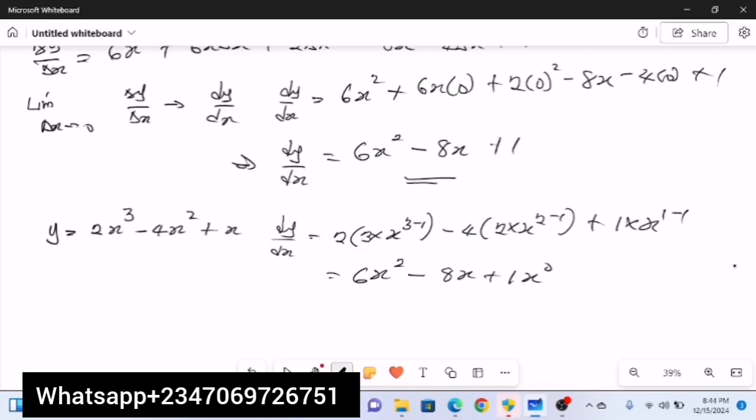And any variable to the power of 0 is 1. So this actually means 1 times 1. So this means that dy all over dx is equal to what? I have 6x squared minus 8x, and plus 1 times 1 is simply 1, which is the same result that we obtained above when we used the first principle to solve.